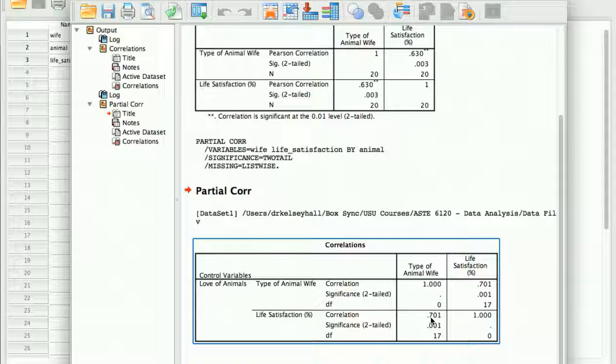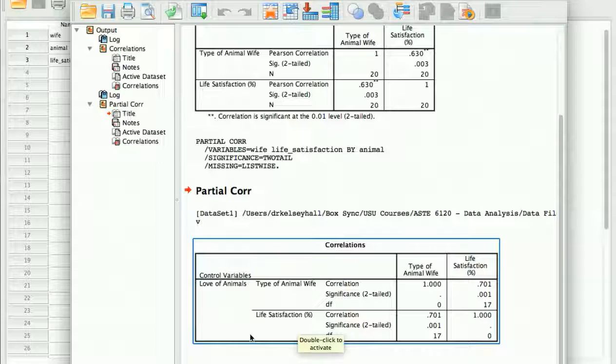So by running this analysis, it has shown us that the type of animal wife alone explains a large portion of the variation in life satisfaction, and that the relationship between wife and life satisfaction is not due to just animal liking.